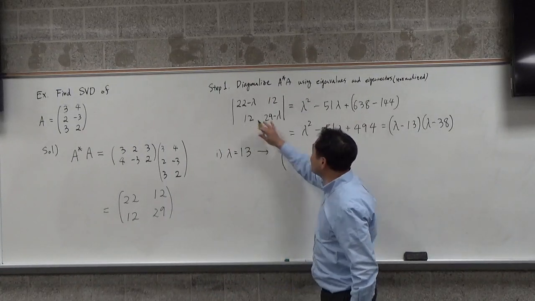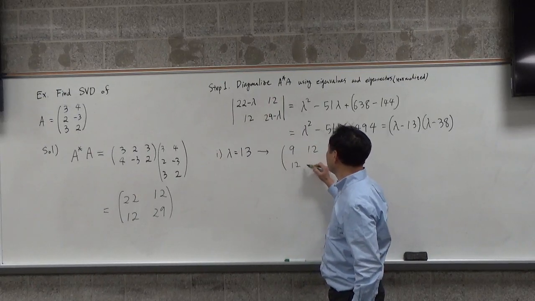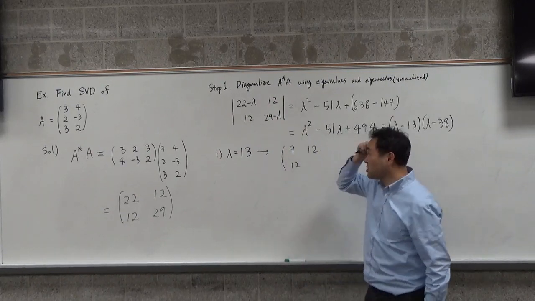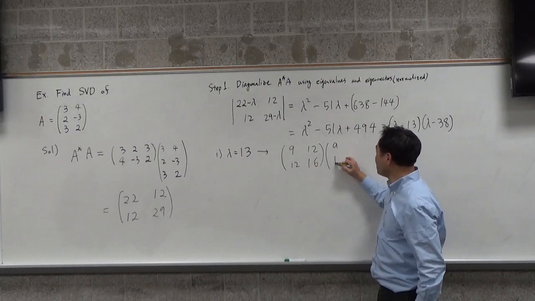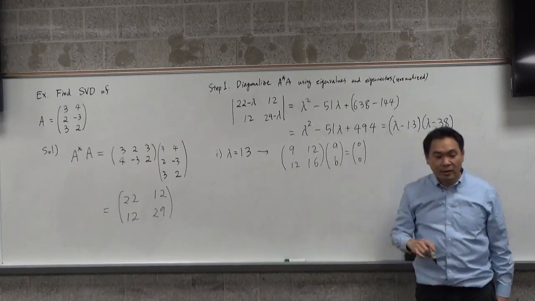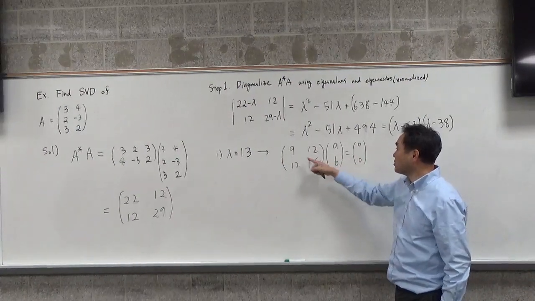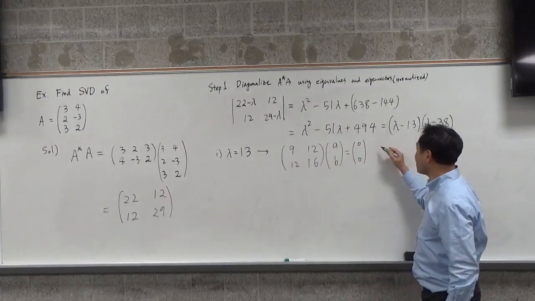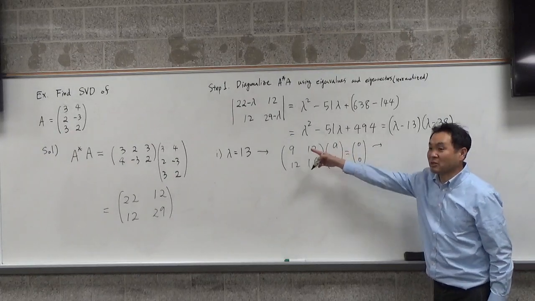That's going to give you 22 minus 13 is 9, and then 29 minus 13 is 16, times A, B has to be 0, 0. And I know that this is a degenerate matrix, so you just have to calculate the top and find the integers that would make the top 0.